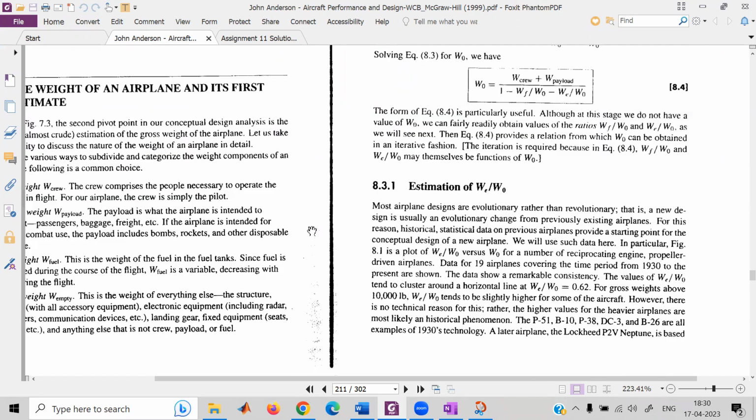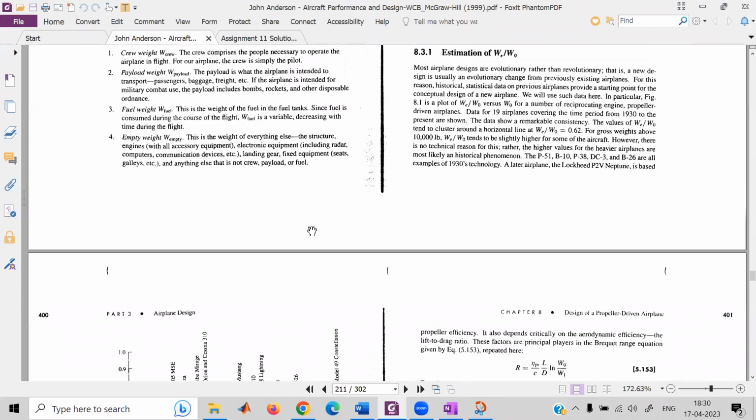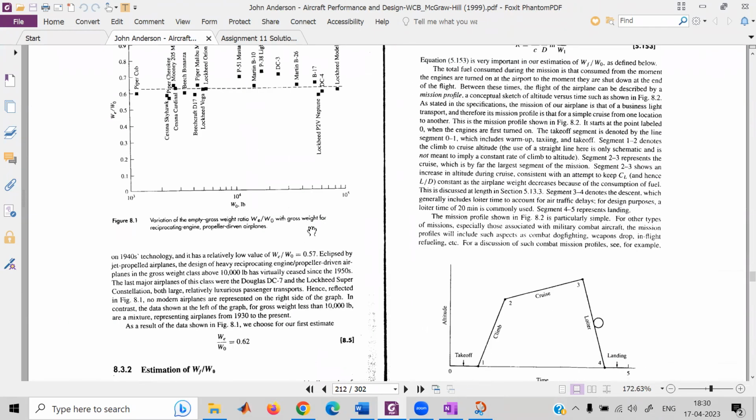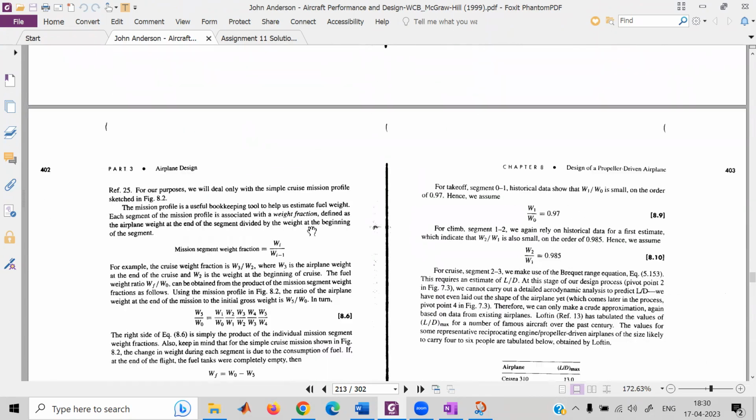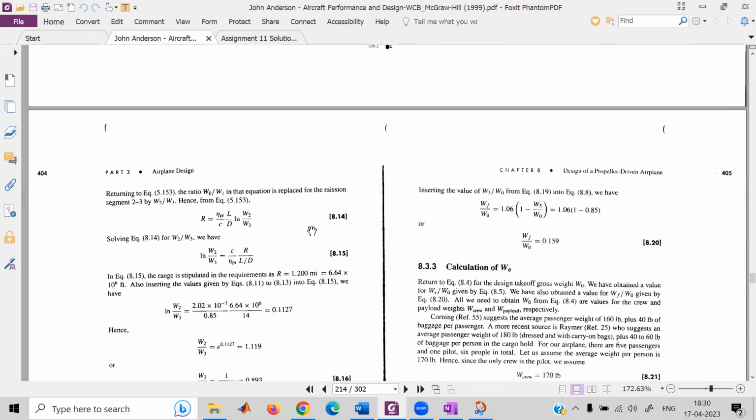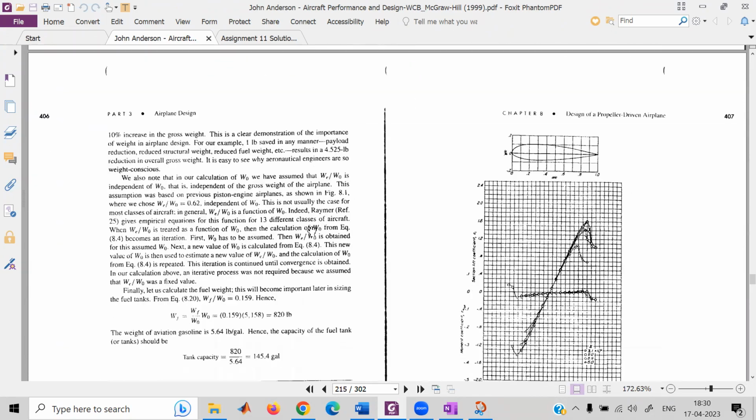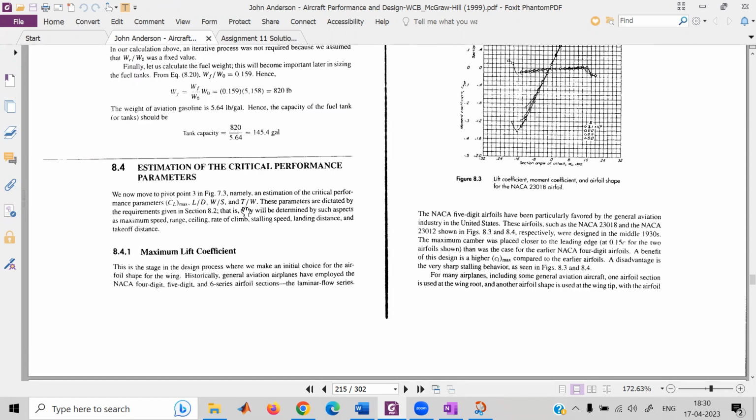So yeah, this was covered in the first session, and in the second session, we covered estimation of critical performance parameters, where we discussed how to get the maximum lift coefficient for a particular wing, and we have to choose an airfoil at this junction.